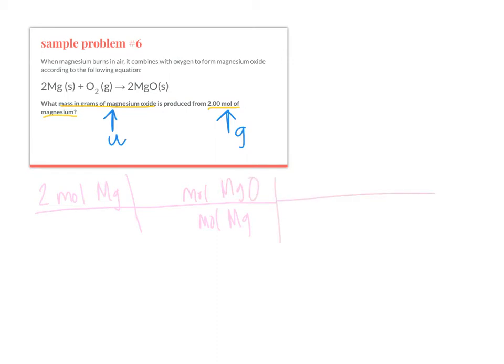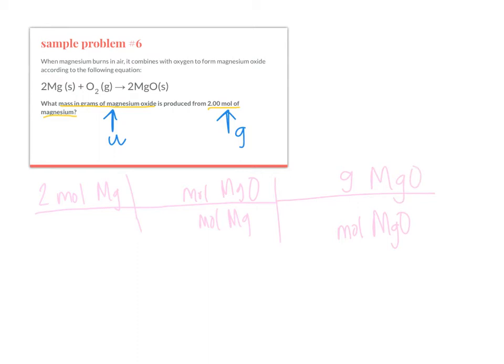If I have magnesium oxide on the top, moles of magnesium oxide, then I have moles of magnesium oxide on the bottom. And I'm still trying to get to the mass of magnesium oxide. So can I go from moles to grams of magnesium oxide? Yes, I can. Okay.